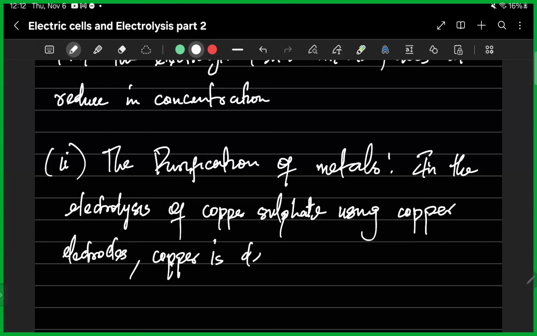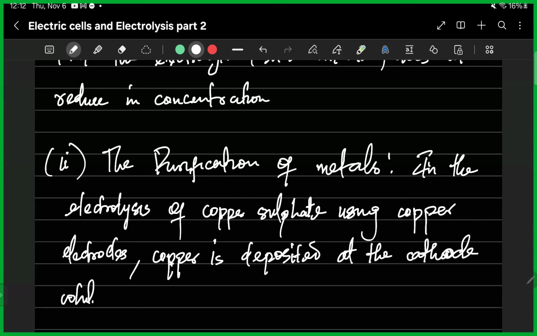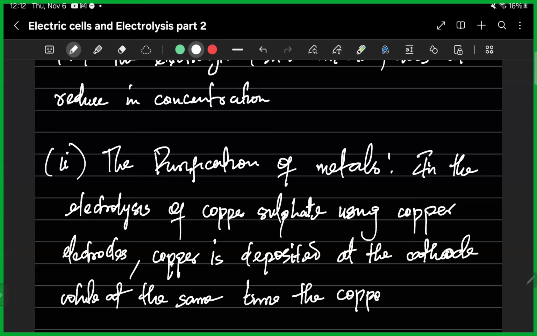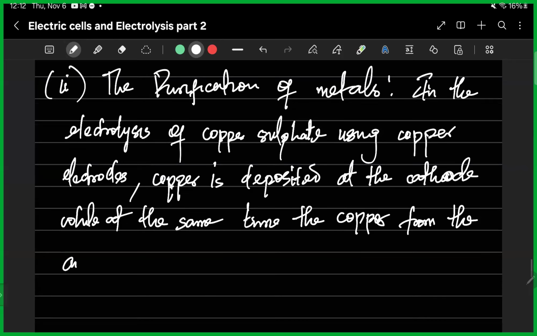Copper is deposited at the cathode, while at the same time the copper from the anode goes into solution.